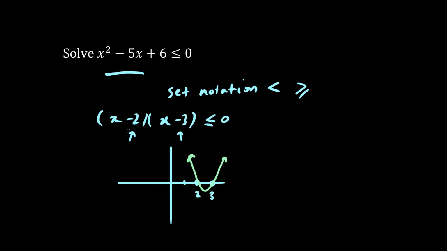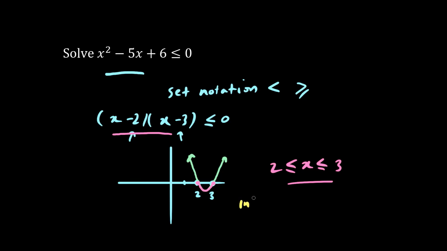And the question we're asking is, when is the parabola less than or equal to 0? When is the y value below the x-axis? It is true between 2 and 3. Within this domain, looking side to side, this parabola is underwater. So we say that x is between 2 and 3, including the endpoints.